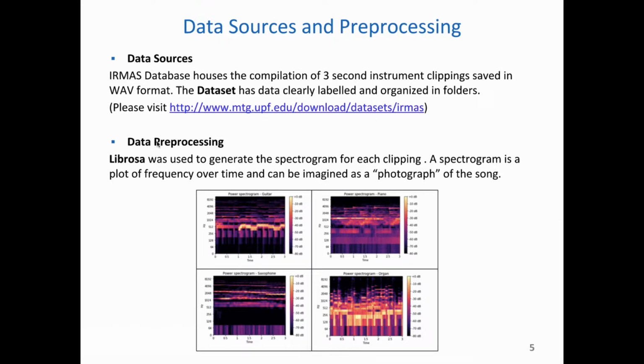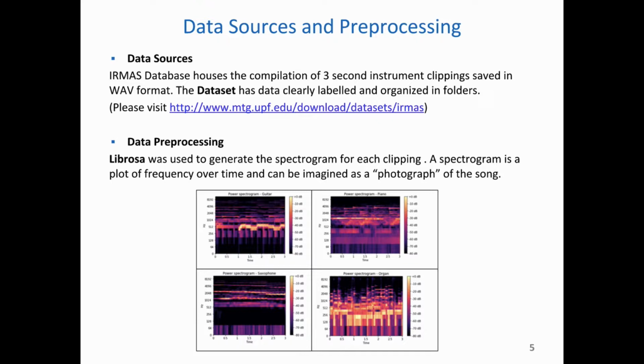And as I mentioned in the introduction, we cannot use a raw music file for processing or for learning. So we had to convert that into a spectrogram, which is a representation of the frequency variations over time. It can be imagined as a photograph of a song.